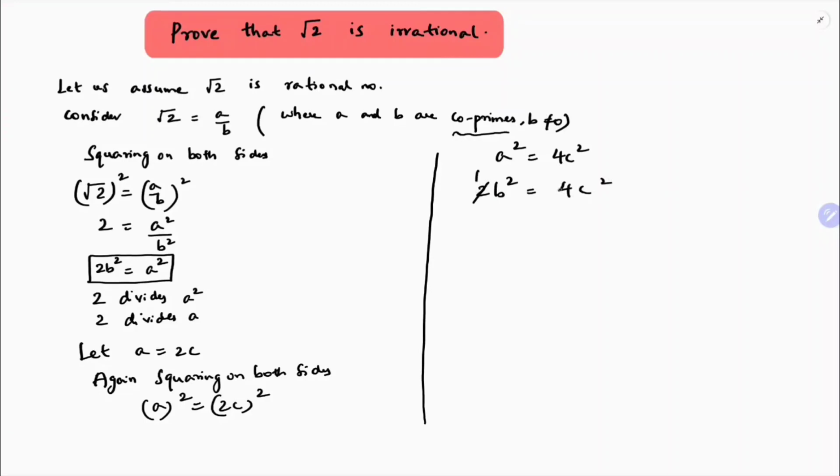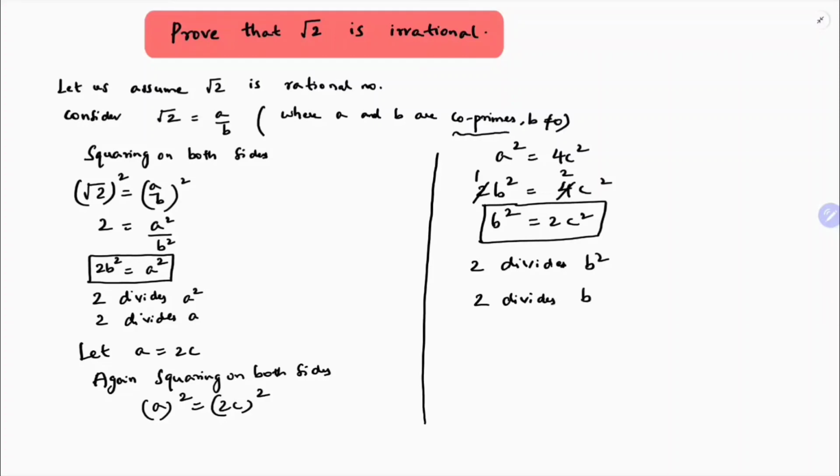If you cancel 2 times 1, 2 times 2, you're left with b square equals 2c square. Now it's very clear that 2 divides b square, so 2 divides b.